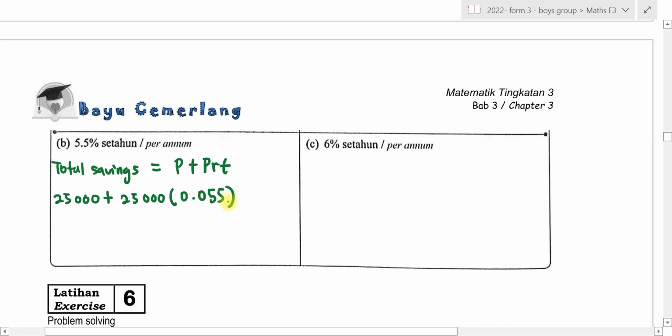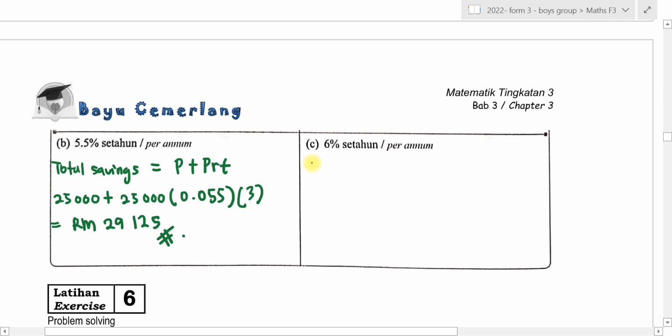Okay, if you don't know, use your calculator. And then the time is 3 years. And your answer? 29,125 ringgit. Okay, correct answer.